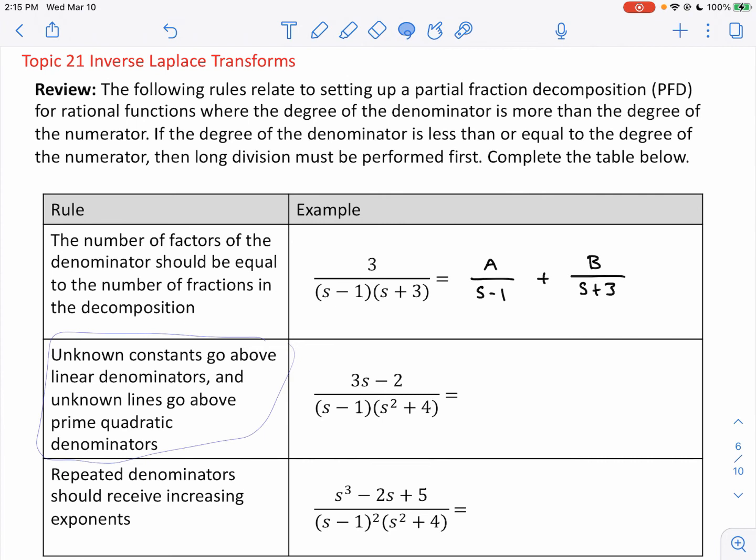And I knew that because of the next rule. The next rule says that unknown constants go above linear denominators and unknown lines go above prime quadratic denominators. So in this first case, this is a linear denominator. It's a degree 1, so you get a degree 0, or just a not-yet-determined constant up top.